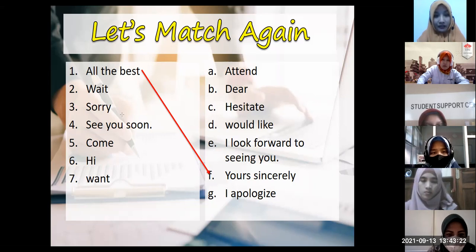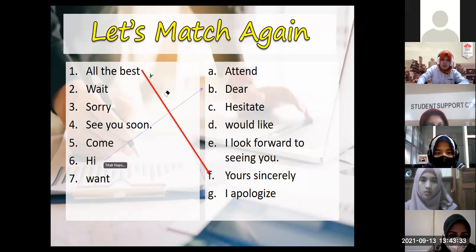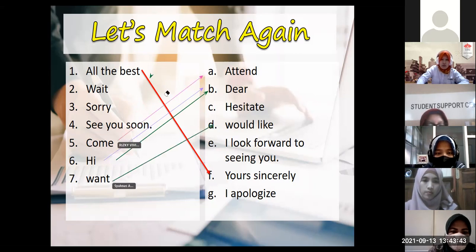This one. You can use draw and choose the arrow.